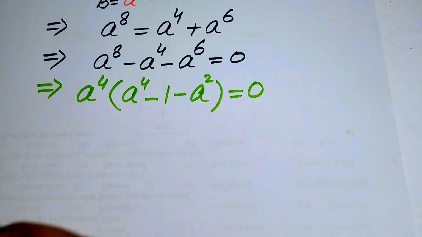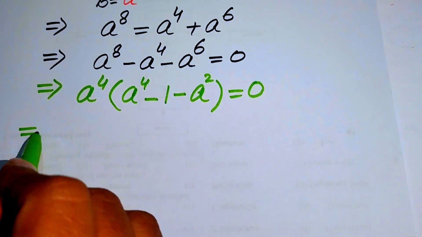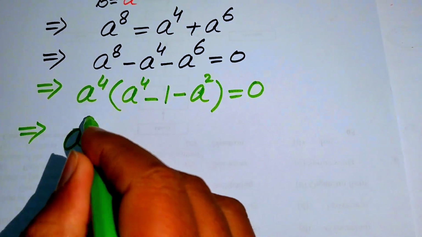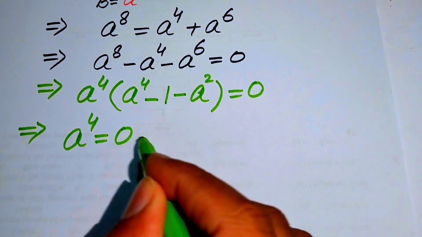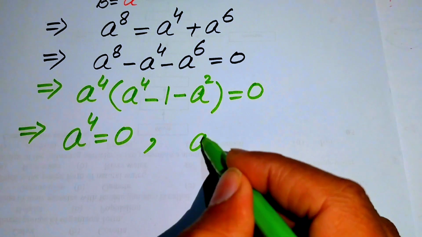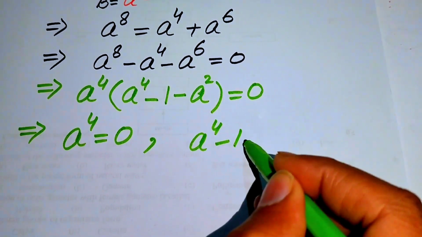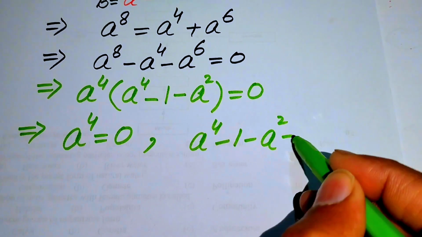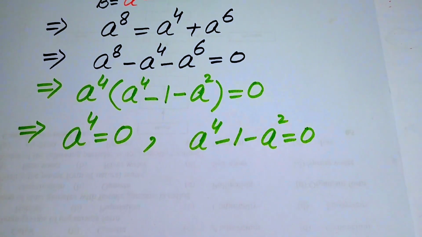So in the next step, we convert this into two cases. Our first case is a to the power of 4 equals 0, and the second case is a to the power of 4 minus 1 minus a square equals 0.